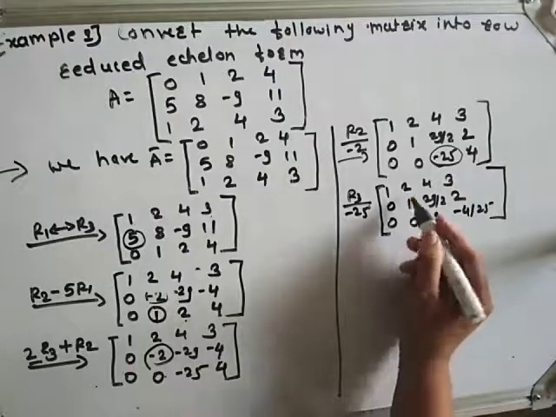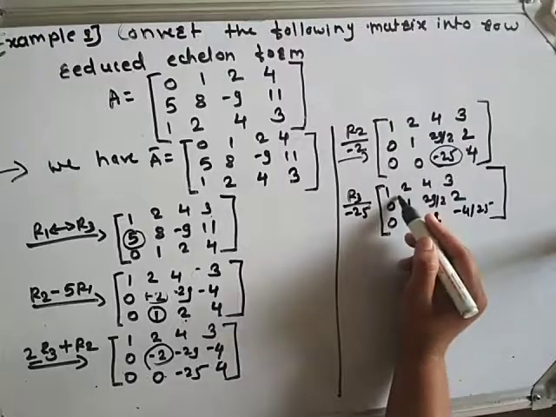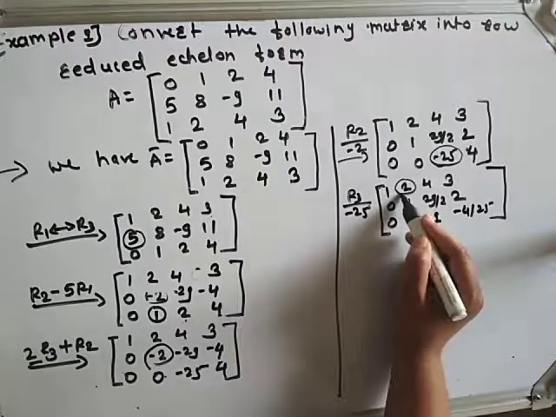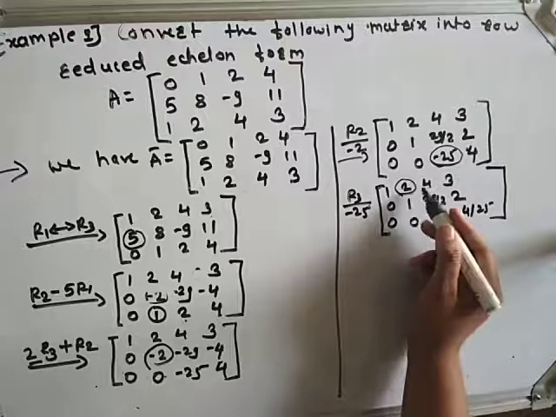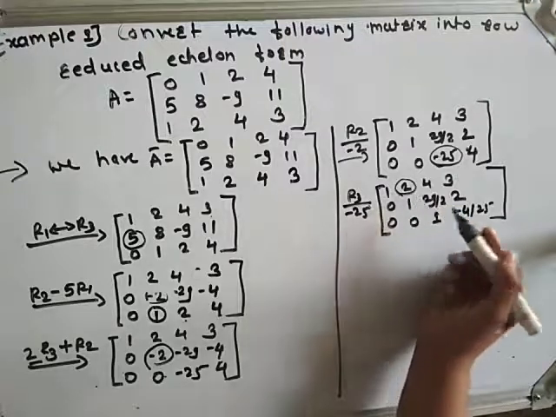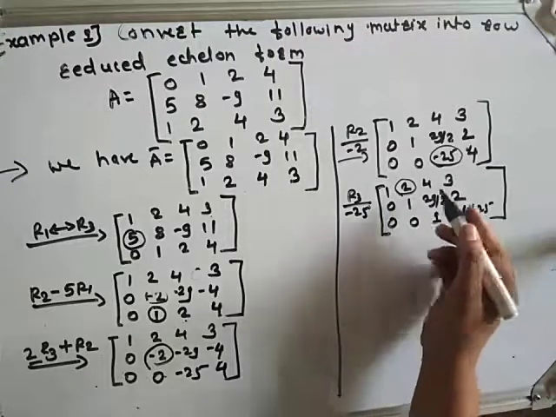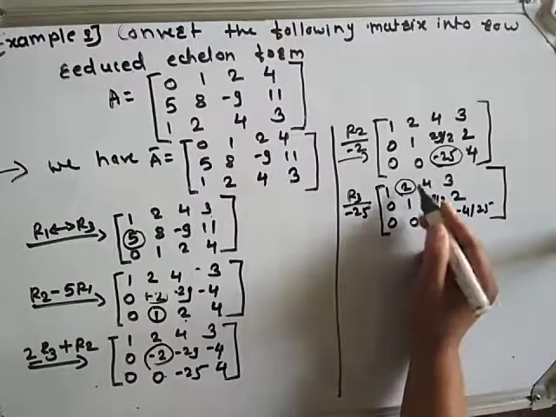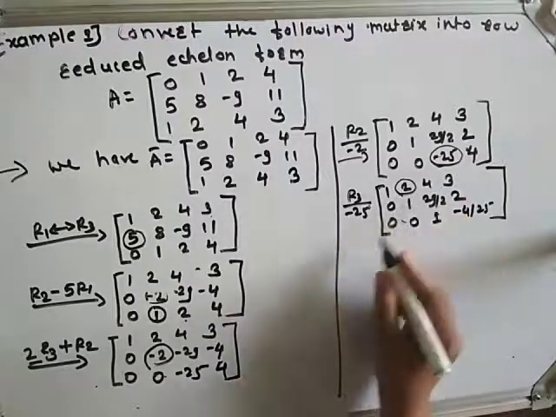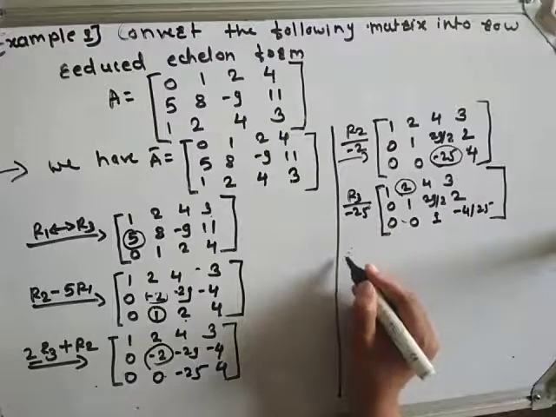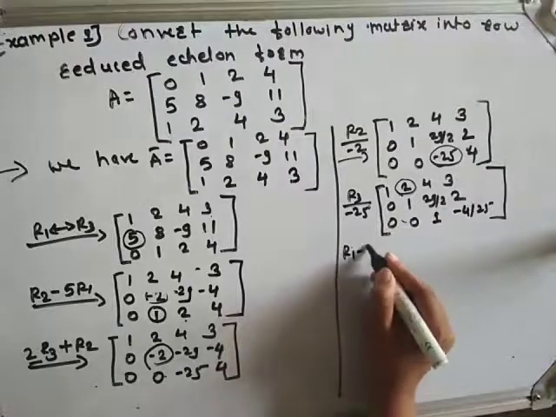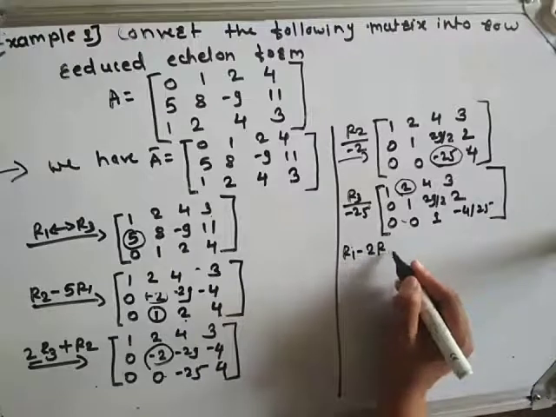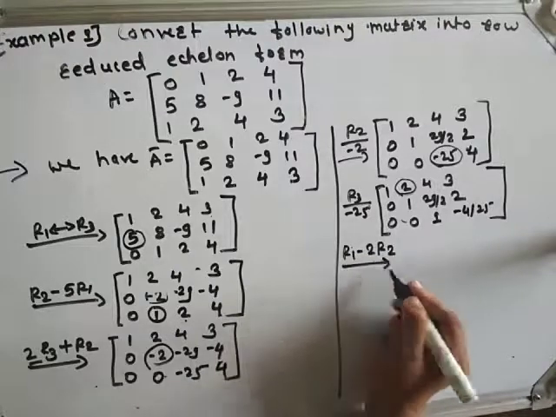See here, we require 0 because in reduced row echelon form the leading one is the only non-zero entry in that column. Therefore we perform the row operation R1 minus 2R2.